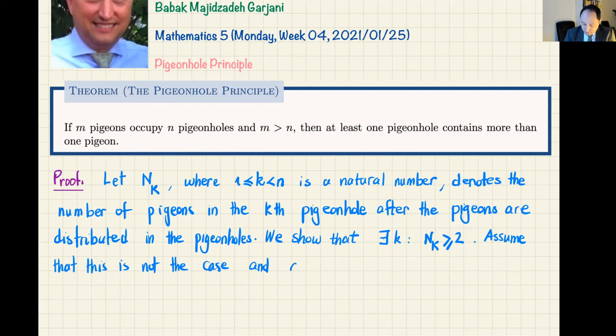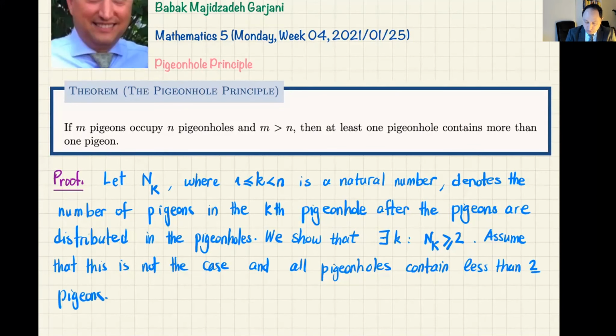So this is the existential quantifier, for the people who had math specialization, and the negation of this is that all pigeonholes contain less than 2 pigeons.